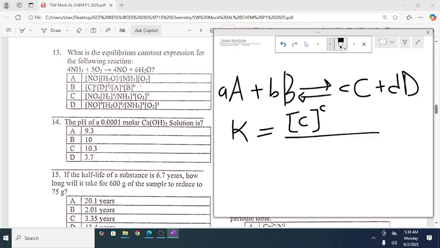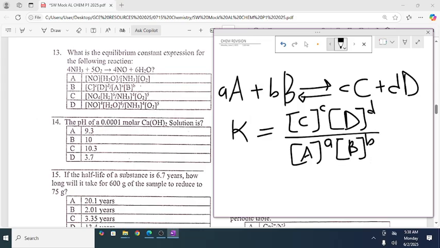When I write these square brackets, know that it stands for concentration. So the concentration of the products, divided by that of the reactants, each raised to its power.